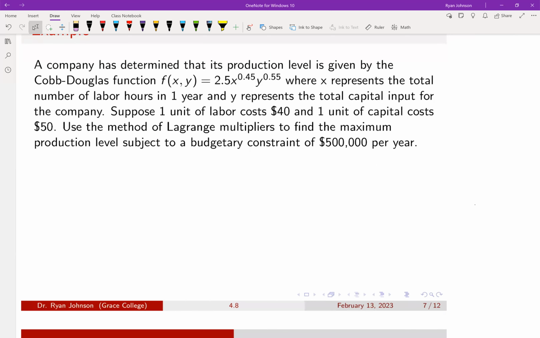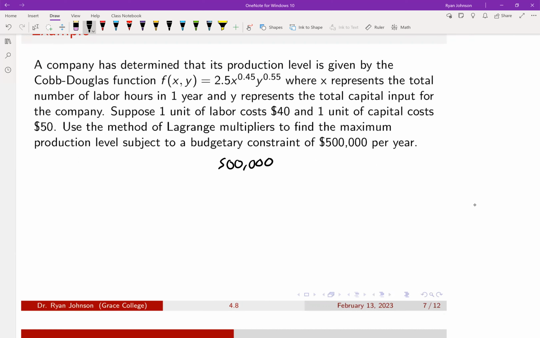Okay, so here we're not given the constraint function, we're just given what we need to determine the constraint function. So the constraint function is basically that our budget is set at $500,000 a year, and what goes into our budget? Well, we just really have labor and capital.